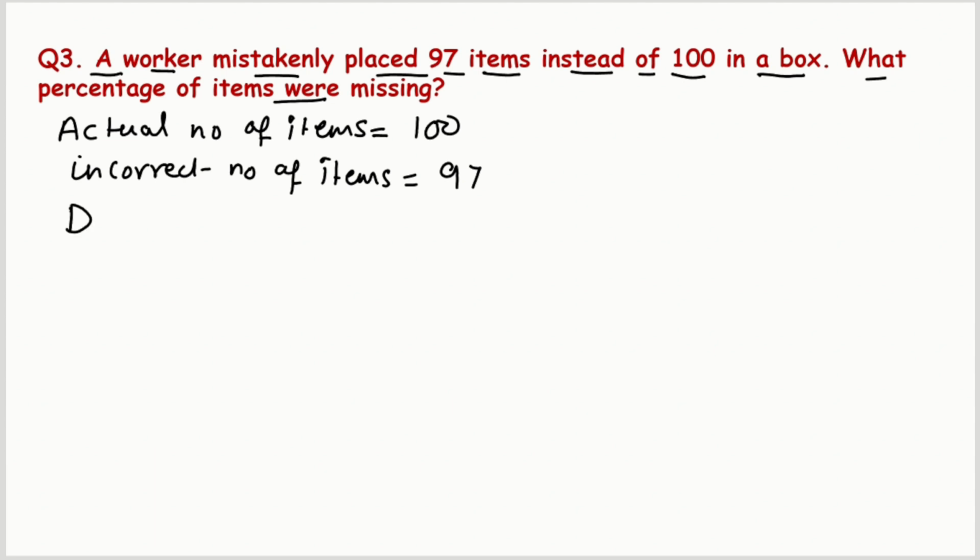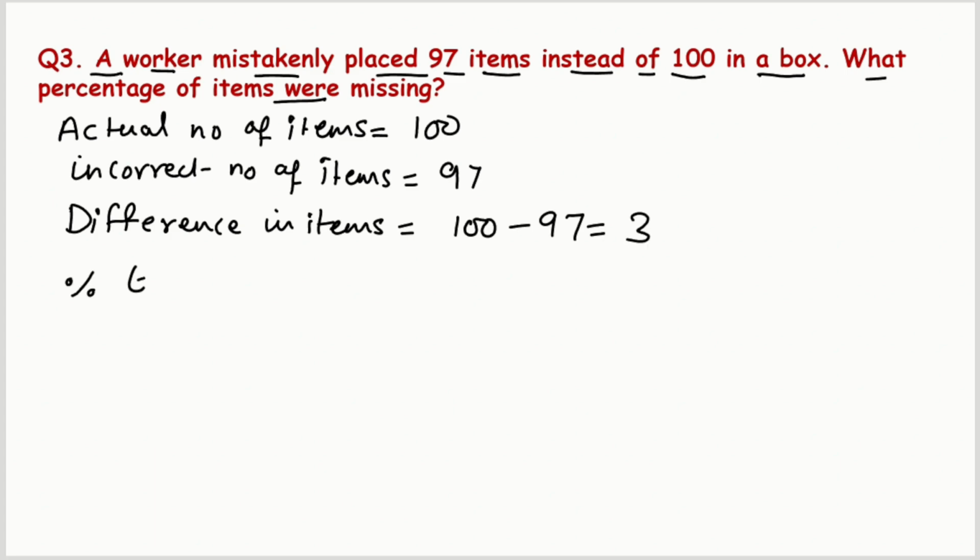So the difference in items, or count of items, is 100 minus 97, which equals 3. So the percent error in counting is 3 over, what is the actual number?